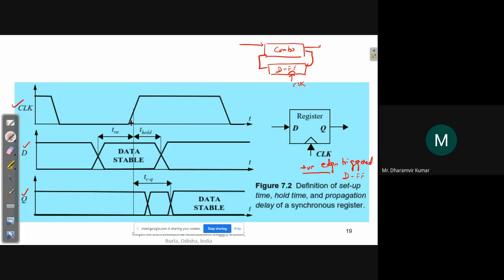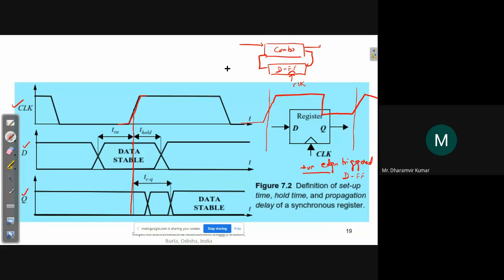That means that all the events will be captured during the positive transition. Whenever the clock signal makes a transition from 0 to 1, during this transition the events will be captured. Let us take the middle portion here, and all the things will be calculated with reference to this point, for each of these rising edges.